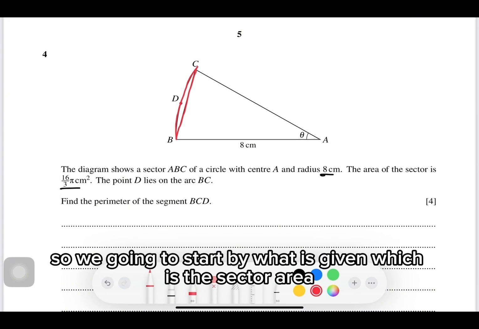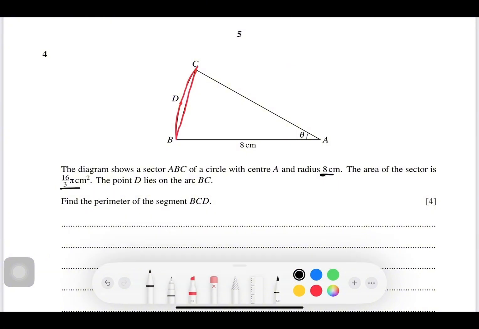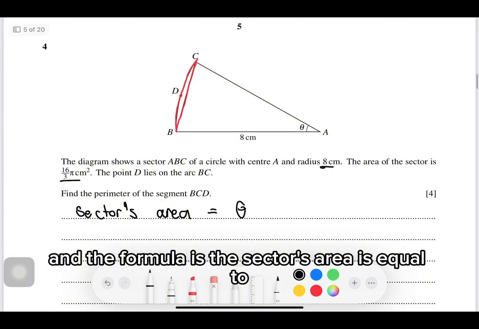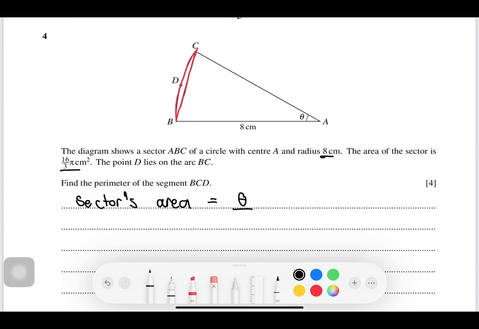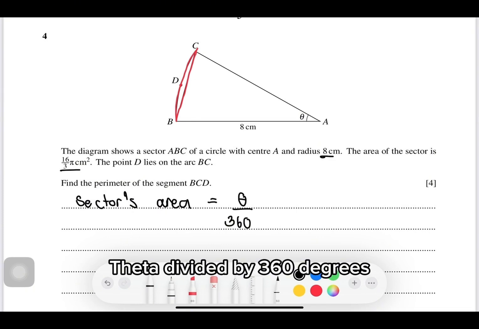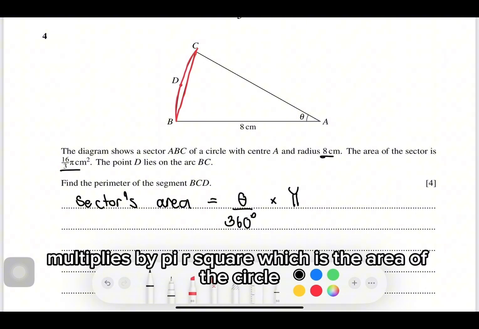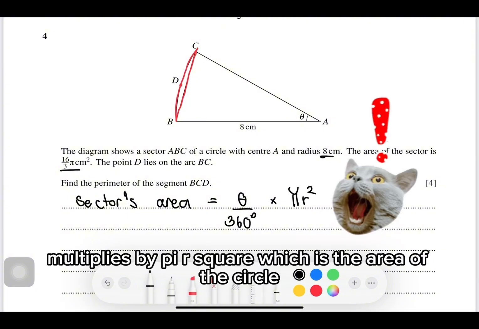So we're going to start with what is given, which is the sector area. The formula is the sector's area is equal to theta divided by 360 degrees multiplied by pi r squared, which is the area of the circle.